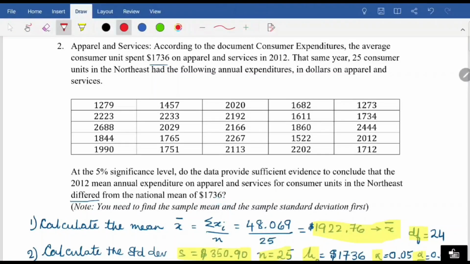So the national established mean was this figure here, 1736. And a sample study was done in a more recent year on 25 consumer units, and this was the data obtained from those 25 consumer units.